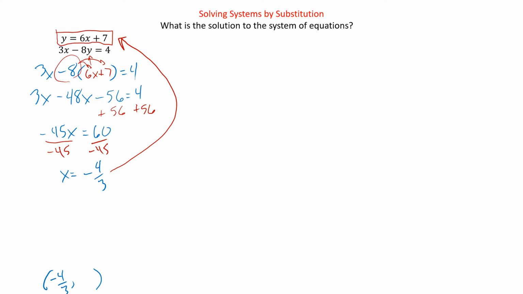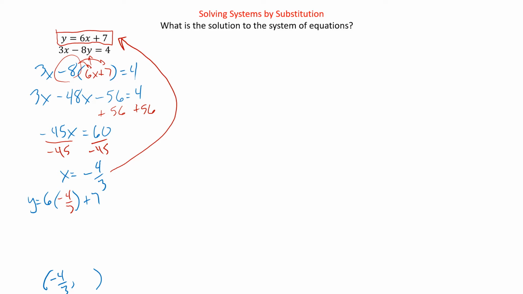So we have y equals 6 times x, which is negative 4/3, plus 7. 6 times negative 4/3, we multiply by the top, divide by the bottom. 6 times 4 is 24, divided by 3 is 8.